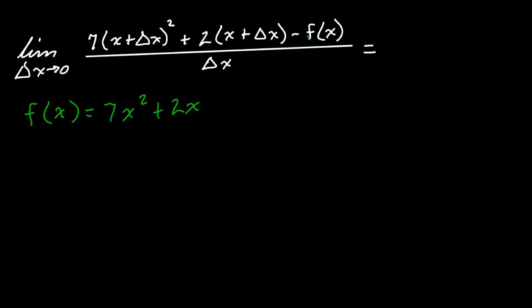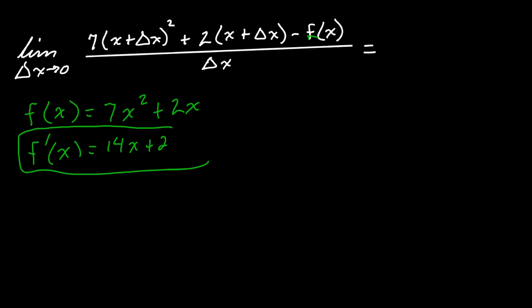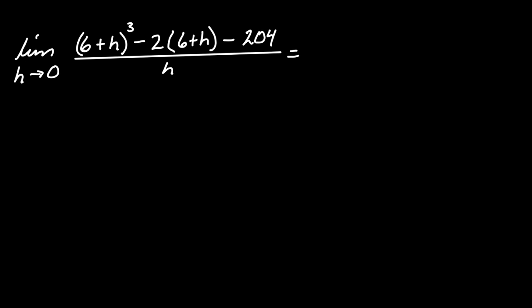And again, we're going to ignore this last part of this right now. I'll show you how that's going to come into play in a little while. All right, so the next thing after finding the function is to find its derivative, and that would be 14x plus 2 using your power rule.